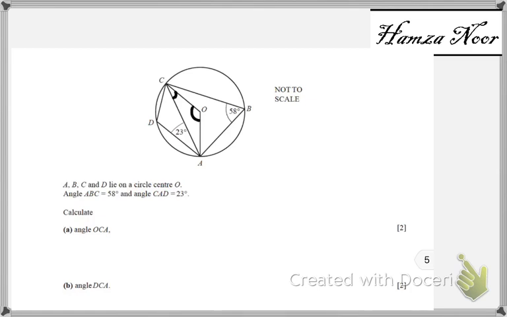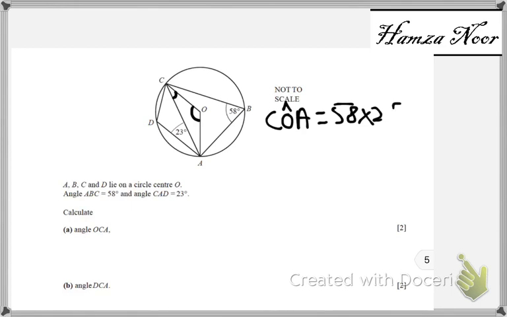First thing you know is that the angle at the center is twice the angle at the circumference. So angle COA will be equal to angle CBA, which is 58, multiplied by 2.